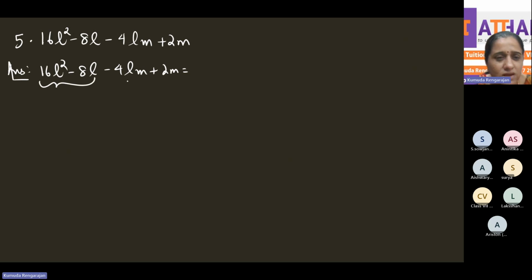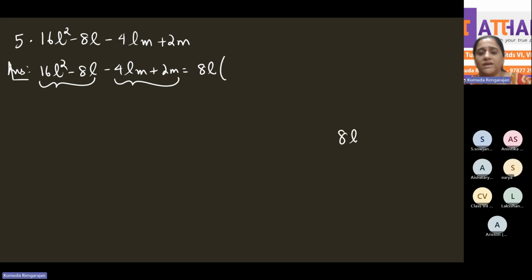First two terms, last two terms. Quickly, what's the HCF of the first two terms? 8L. 8L, open bracket.